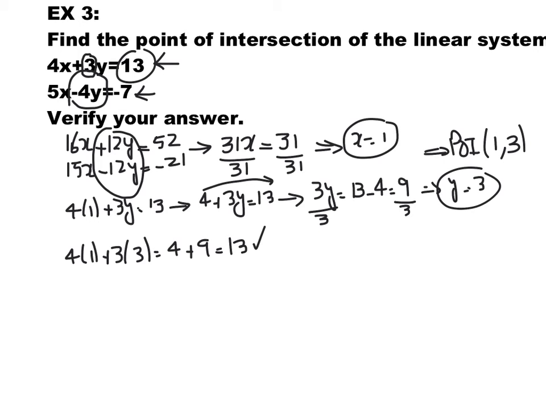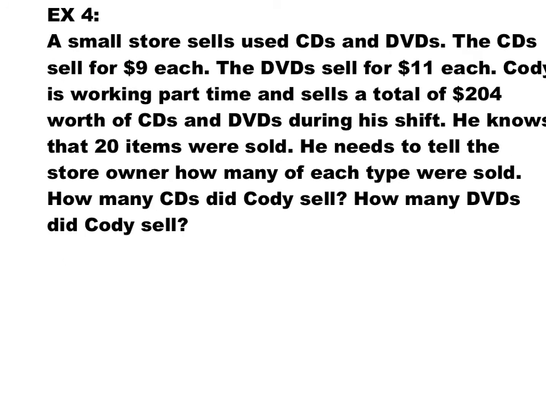The second one, 5 times x is 1 minus 4 times y, which is 3. I get 5 times 1 is 5. Minus 4 times 3 is 12. 5 minus 12 is negative 7. So this is correct. This means that POI 1 and 3 is the correct solution.